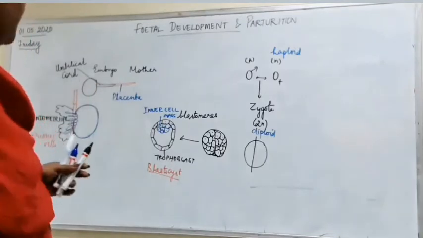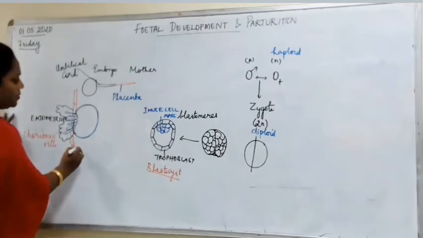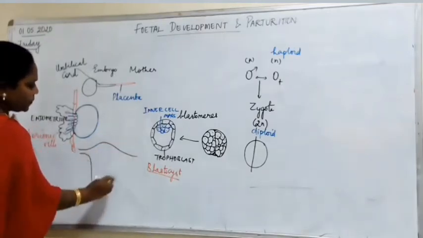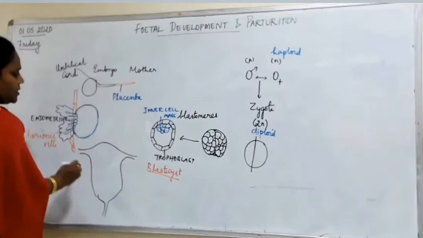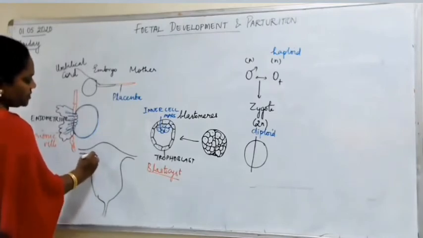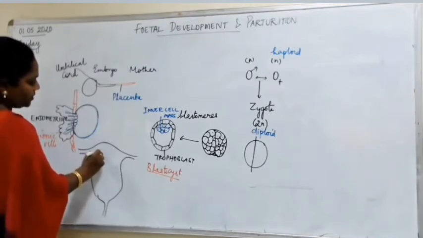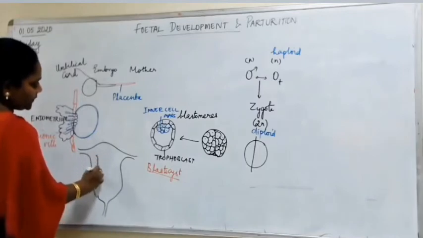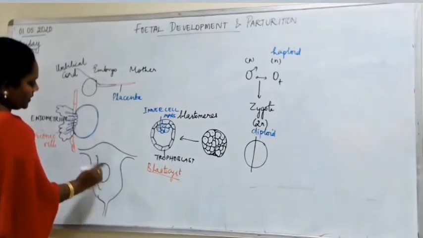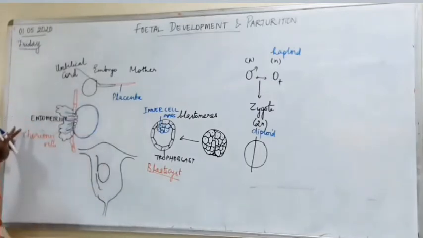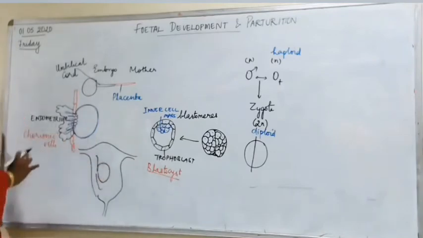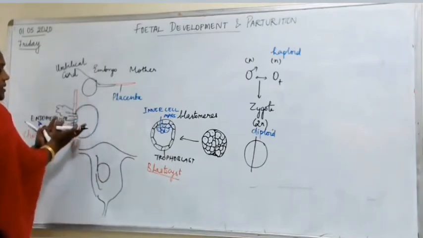Now, when you draw it with the diagram, this is the uterus structure. This portion is going to be like this, or the development, when I draw it, this is the uterus, and this is going to be attached to this layer, the endometrial wall. After that, the embryo starts development.